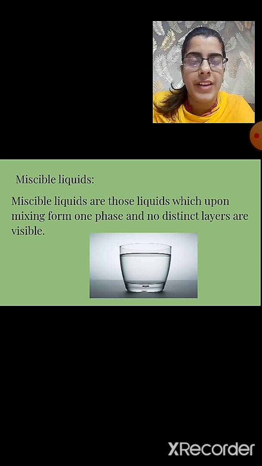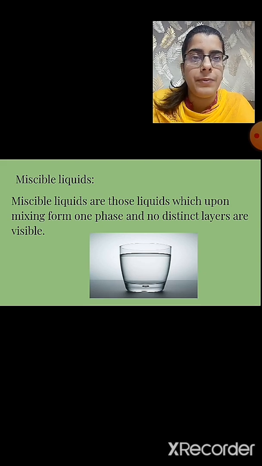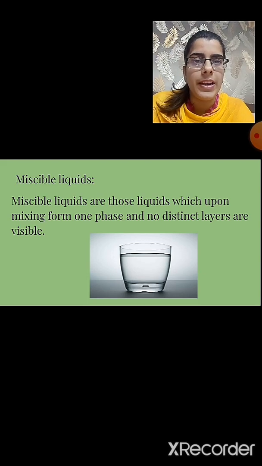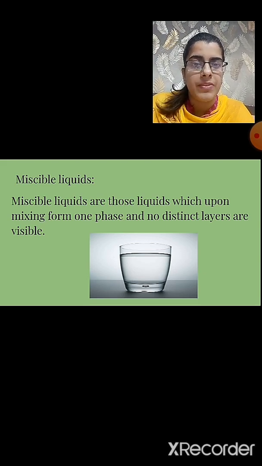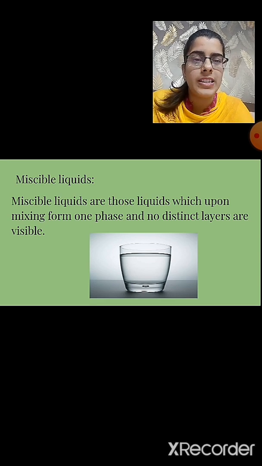As we have studied about solubility, in which we added a solid substance to a liquid and found whether the substance got dissolved or disappeared in that liquid or not, similarly, in miscible liquids, two liquids are mixed together. On mixing, if the liquids form only one phase, and you are not able to see two distinct layers, then those liquids are known as miscible liquids.